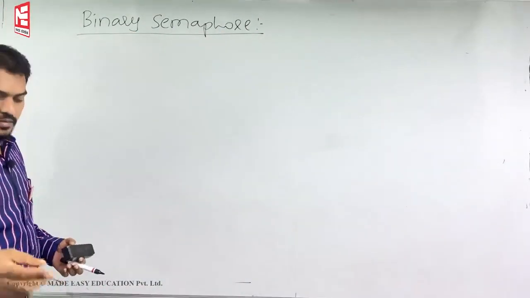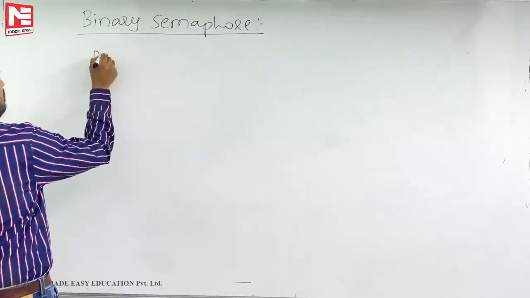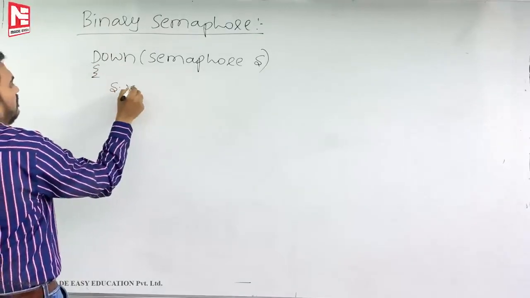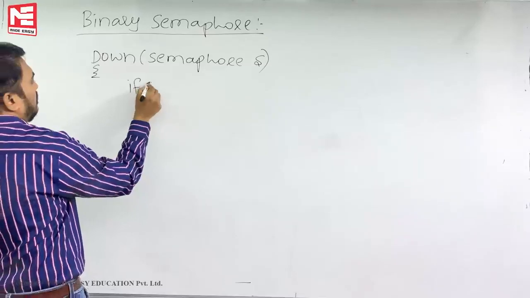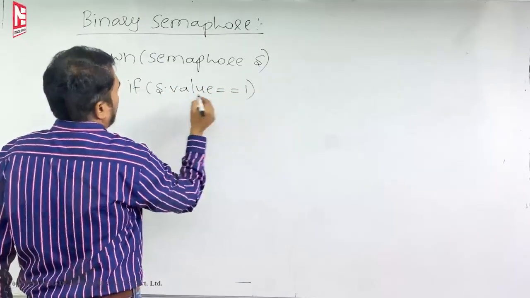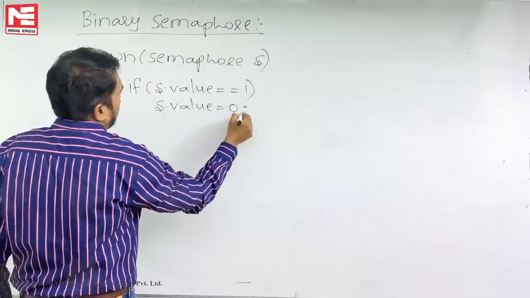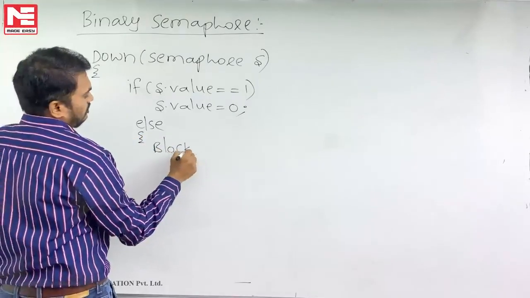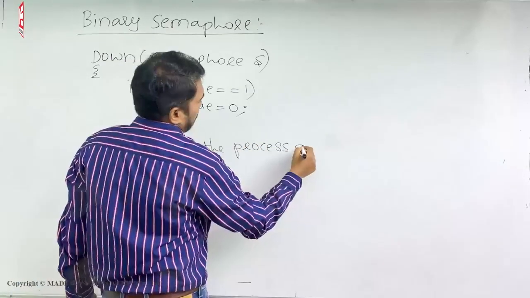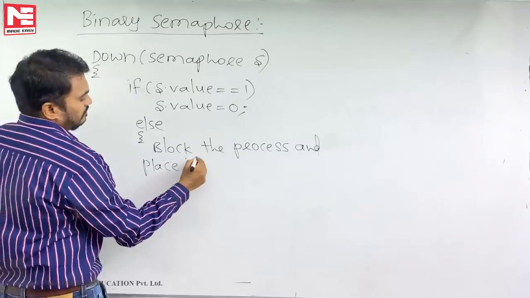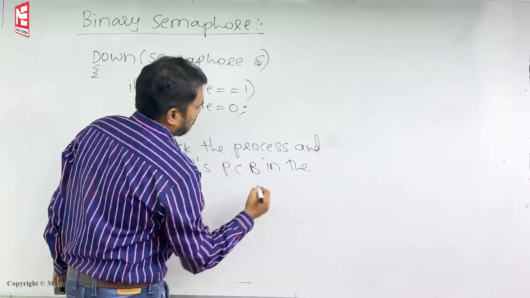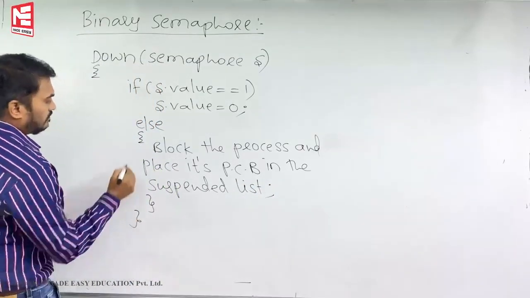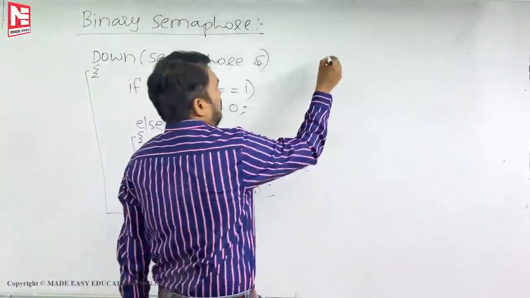Let's see the down and up operation of a binary semaphore. Copy this.